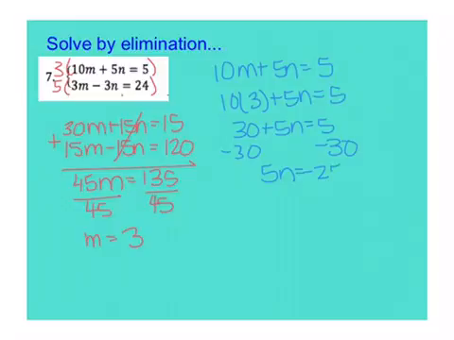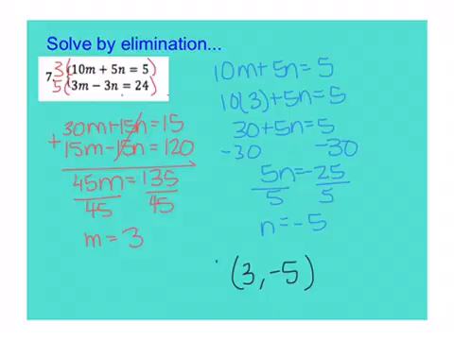And then divide by 5. So I get n equals a negative 5. So when writing my point, we usually write the first letter in the alphabet first. So since m comes before n, we're going to write m before n. So 3, negative 5 is my solution.